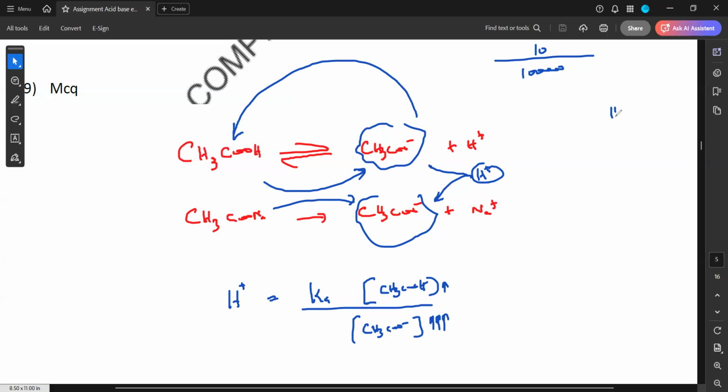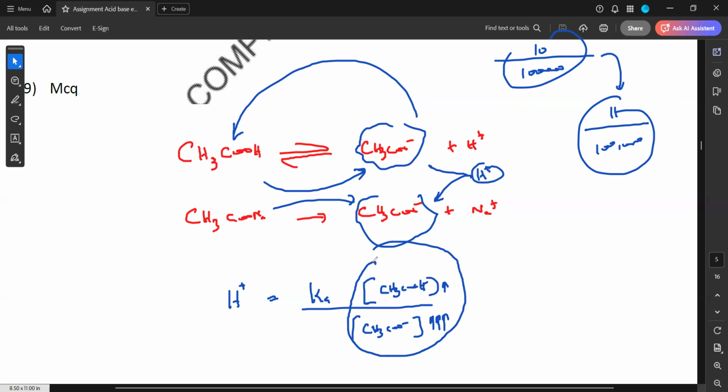So what will the fraction become? It will become 11 divided by 100,000. So 10 divided by 100,000 and 11 divided by 100,000 is a negligible change, not a considerable change in this fraction. So this ratio of the acid and the salt remains unchanged even though we are adding an acid. That's why the hydrogen ion concentration won't change, or the pH of the solution does not change.